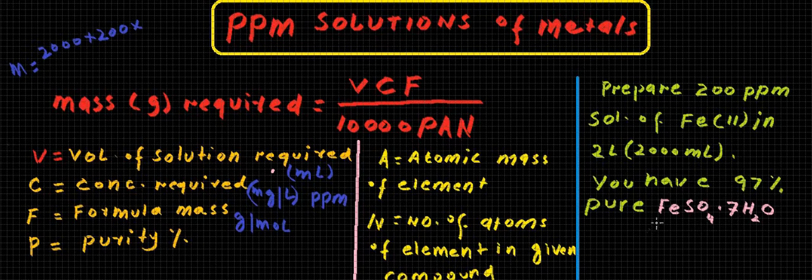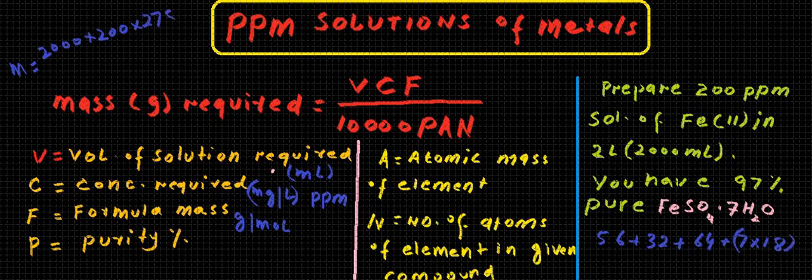For example, this is the compound we have, and if we need to calculate the formula mass of this very compound, we can write 56 for iron and 32 for sulfur, and 4 oxygen atoms, 16 multiplied by 4, 64, and 7 water molecules, so 7 multiplied by 18.